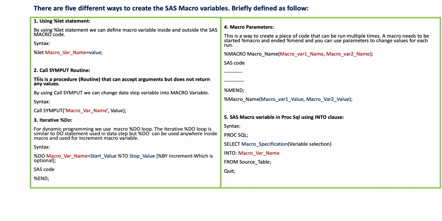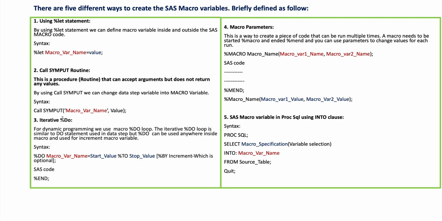Number 2, call symput routine. This is the second method. This is a routine, that means this is a procedure that can accept arguments but does not return any value. By using call symput, we can change a data step variable into a macro variable, and syntax is given here.